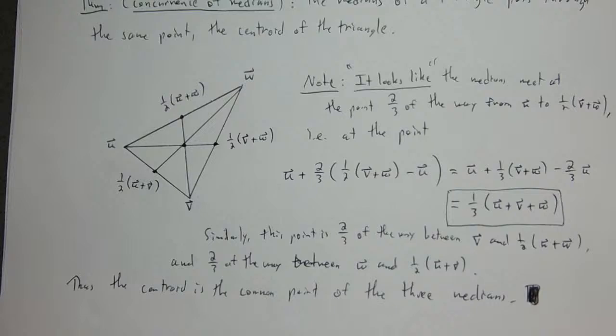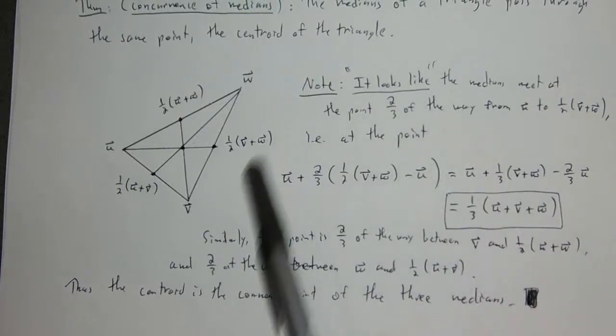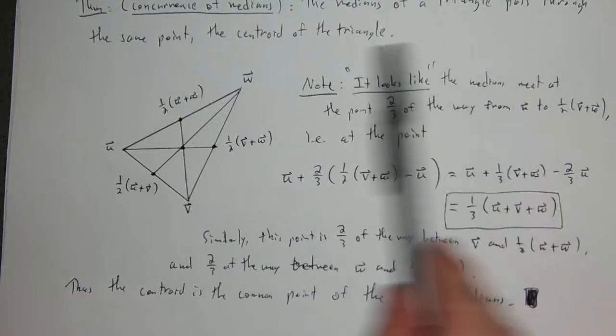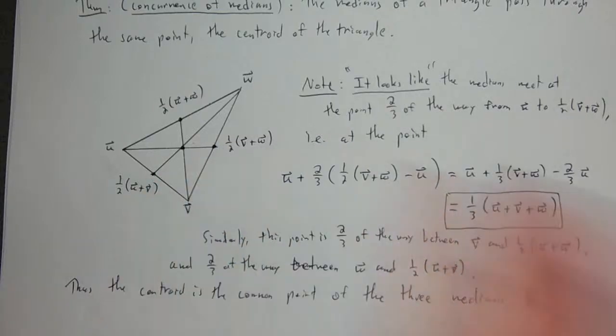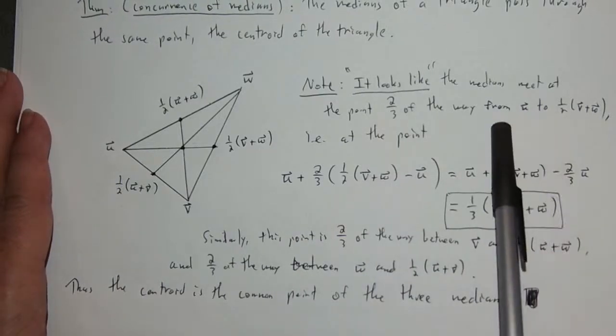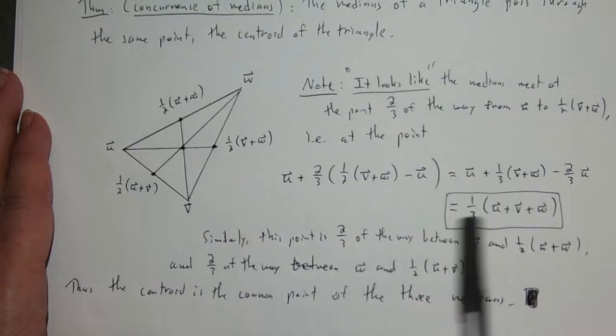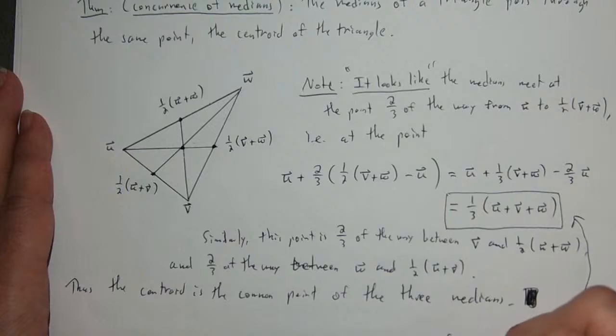But the idea, practically speaking, when you're trying to do these proofs and see what's going on, is to actually predict the result using this intuition here, okay? And why is this nice? The idea is that when you compute this first thing and you say, the point 2/3 of the way from u to this opposite midpoint is 1/3 u plus v plus w, this is symmetric in u, v, and w.